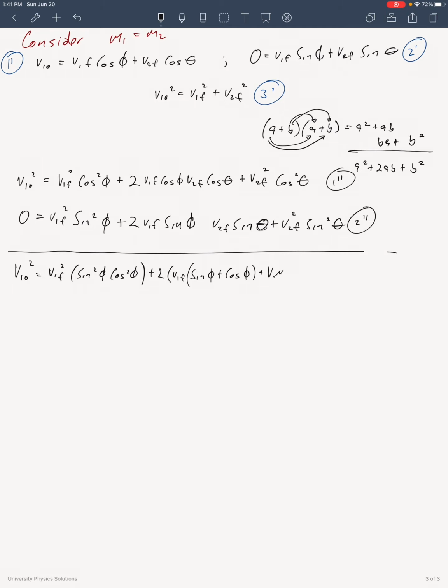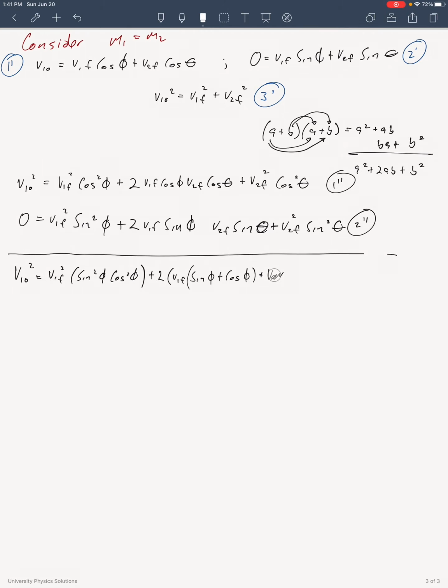Well, let me just add them together and then I'll do the cancellations. It'll be easier to see where I'm going.